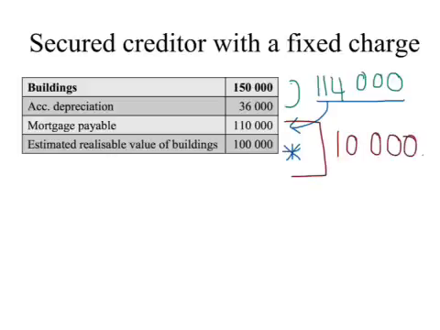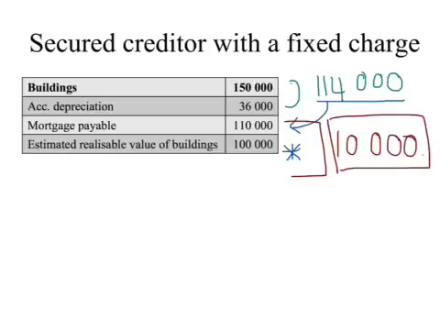Now, where do we include this additional claim or this portion of the claim with regards to the ranking of the creditors? We know that when ranking our creditors, the secured creditors with a fixed charge are paid first after the liquidator has been refunded any of his expenses and has been paid his remuneration.